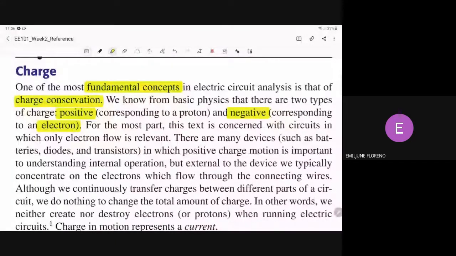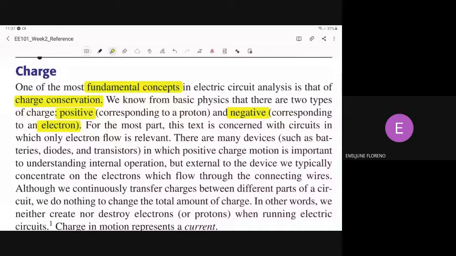So we have these two types of charges, and these are also very common in electric circuit. We will be dealing with a positive charge, and we will be dealing with a negative charge. We will be dealing with the proton, and we will be dealing with the electron.